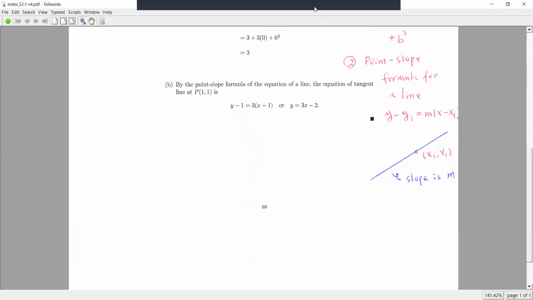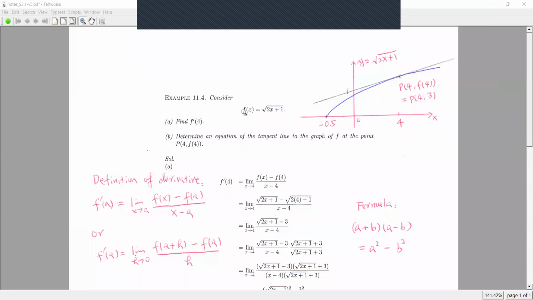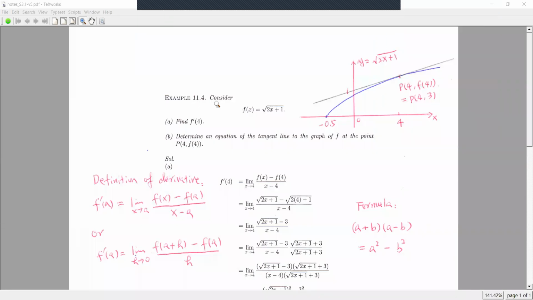Example 3. Consider this function. The graph of this function is this blue curve. The domain of the function is from negative 0.5 to positive infinity, including negative 0.5.